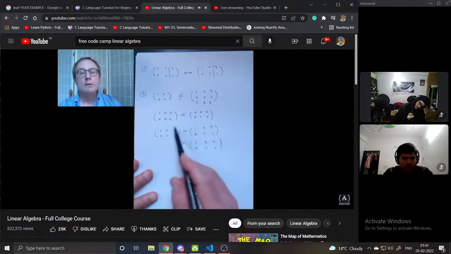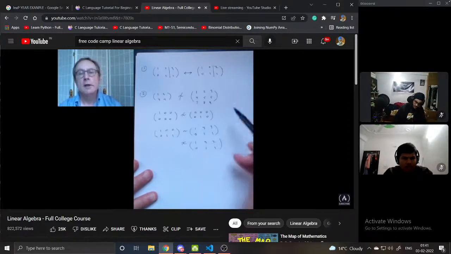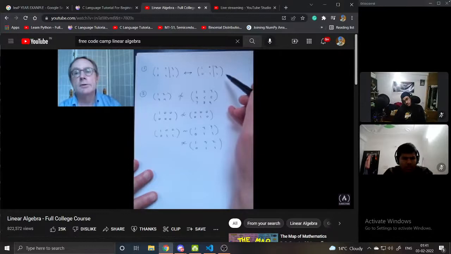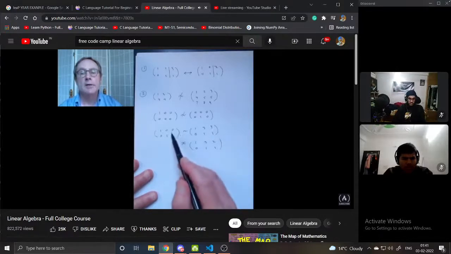So again, row equivalence has something to say about the linear content of this collection of rows. Somehow this collection of rows has a different linear content than this collection of rows, but this collection has the same as this.